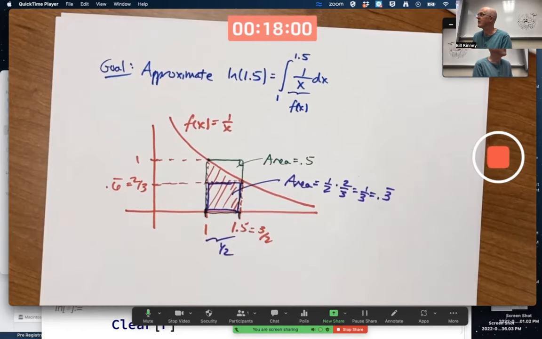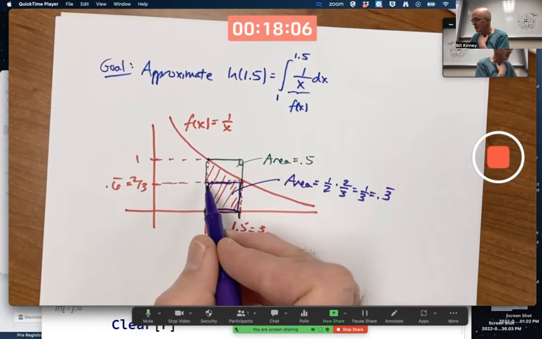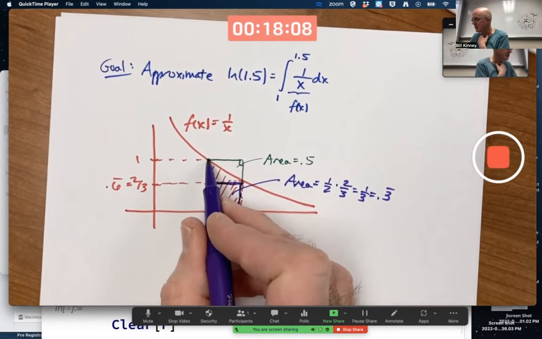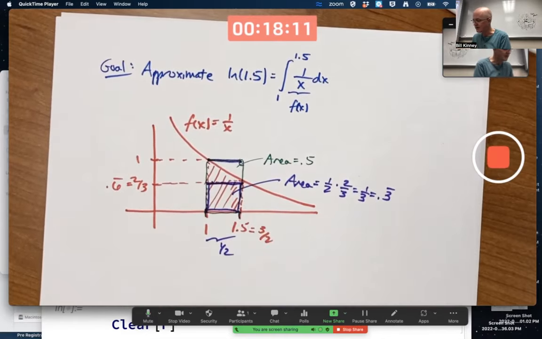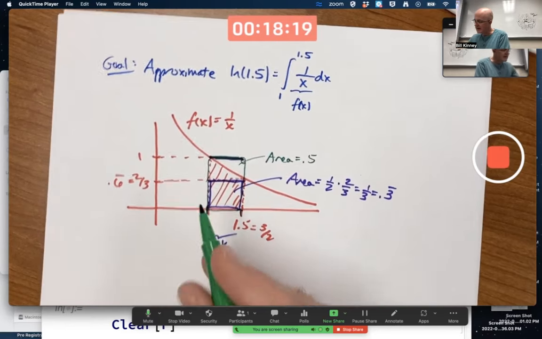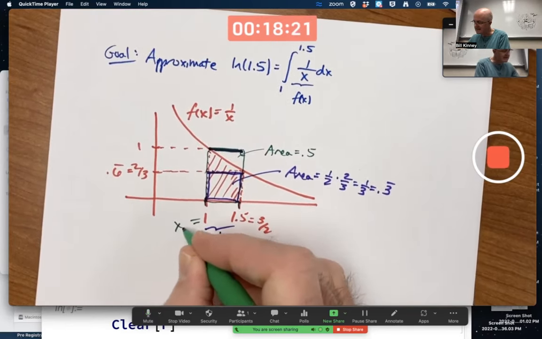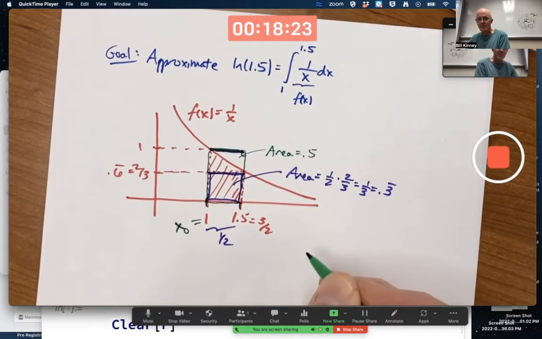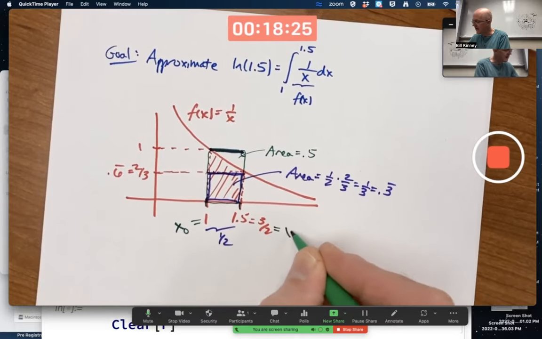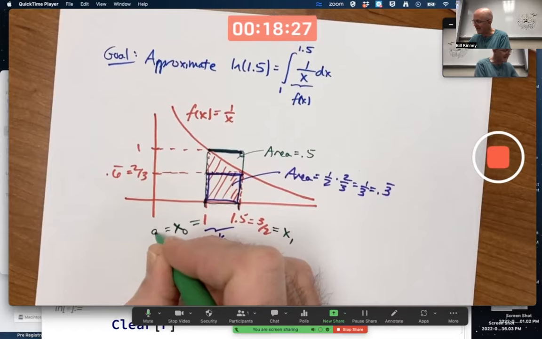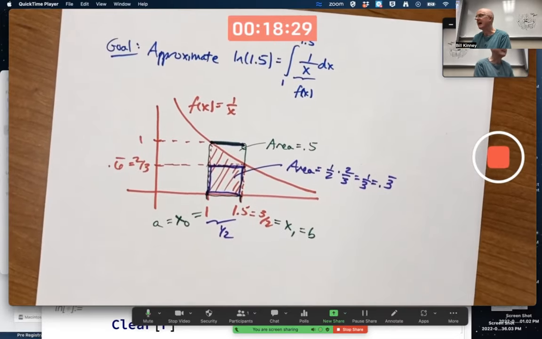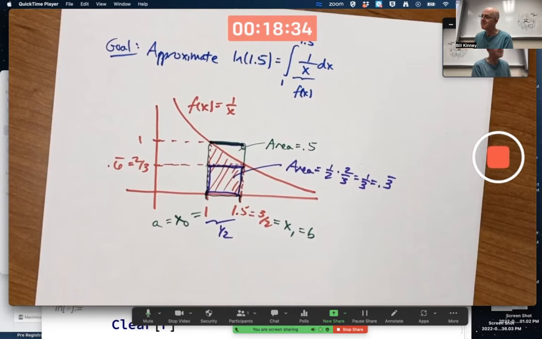Thinking in terms of what we've learned about interpolation back in chapter 3, what we're really doing here is using what you might call degree 0 approximations to the function. One, I'm going to go ahead and call x0. And 1.5, I'm going to call x1. We could also call this a and this b. In calculus, typically the left endpoint is called a and the right endpoint is called b.